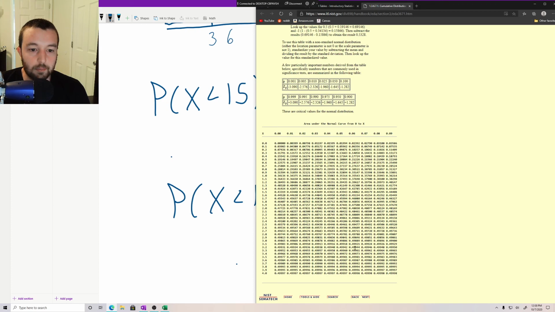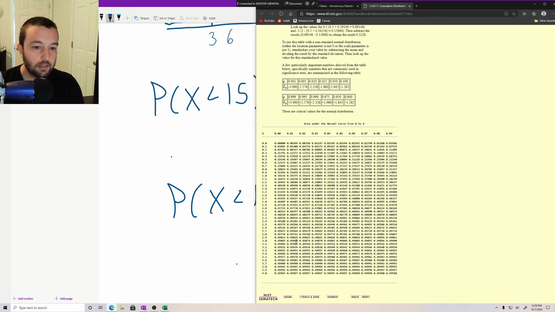And then it gives us this table, which probably looks like nonsense, right? But this is definitely the most common way to find values for the normal distribution.